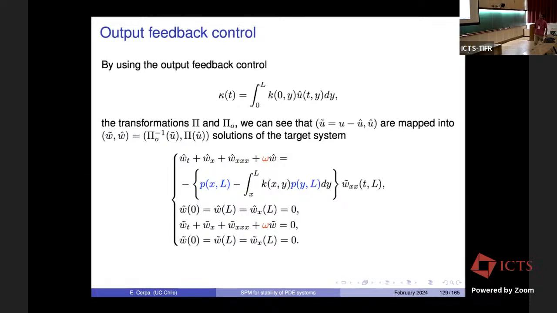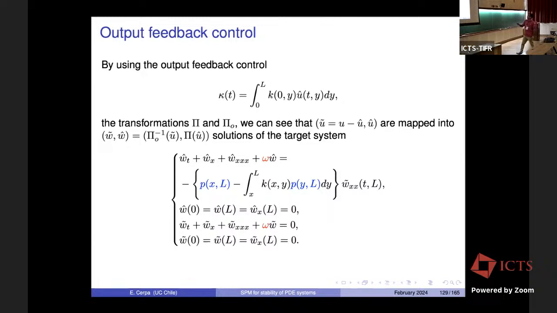Well, this is the way. Here the control kappa is the one we just built, but not for U, but for U hat. And we transfer the system to another one which is asymptotically stable. That's the way that we can prove that.